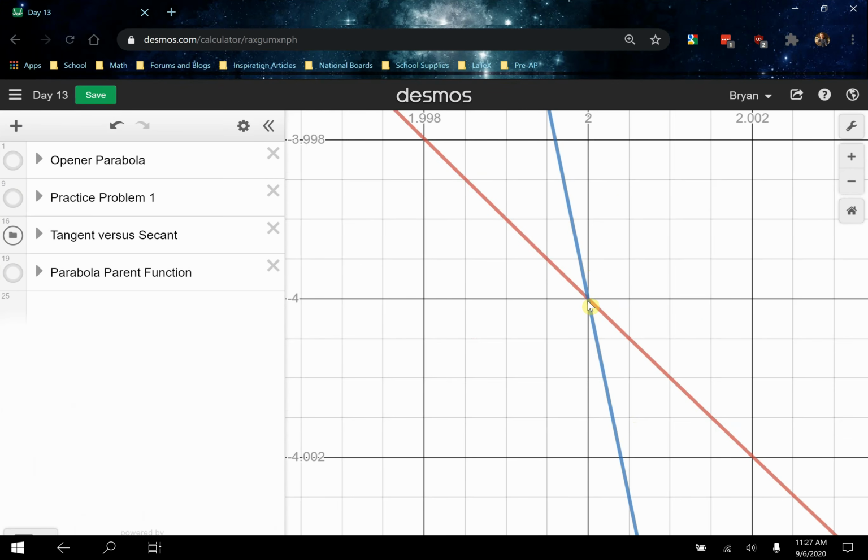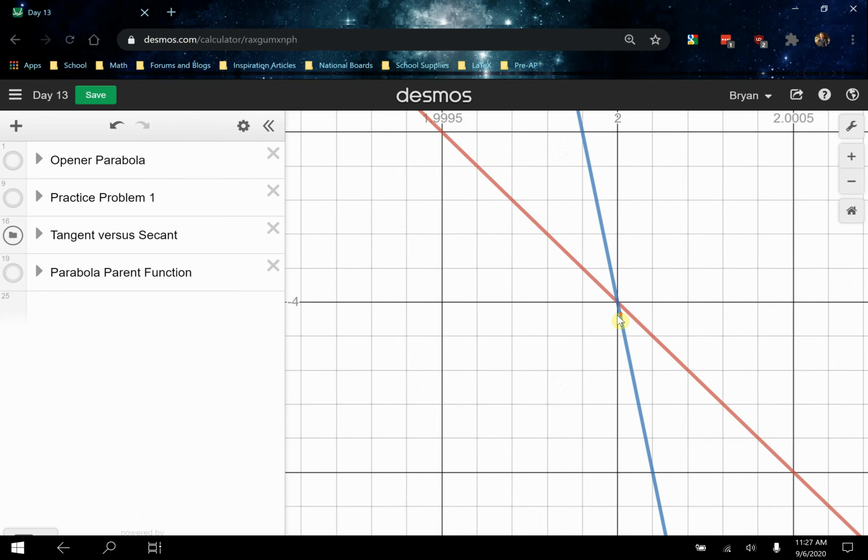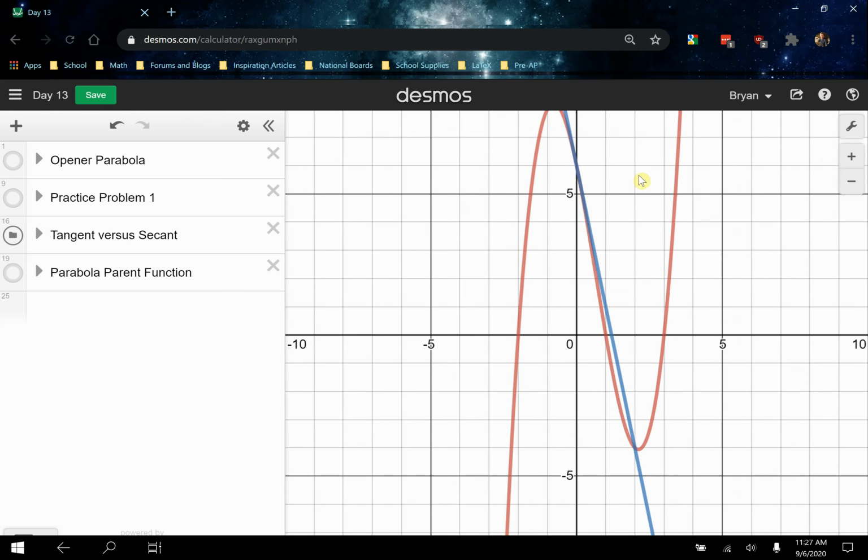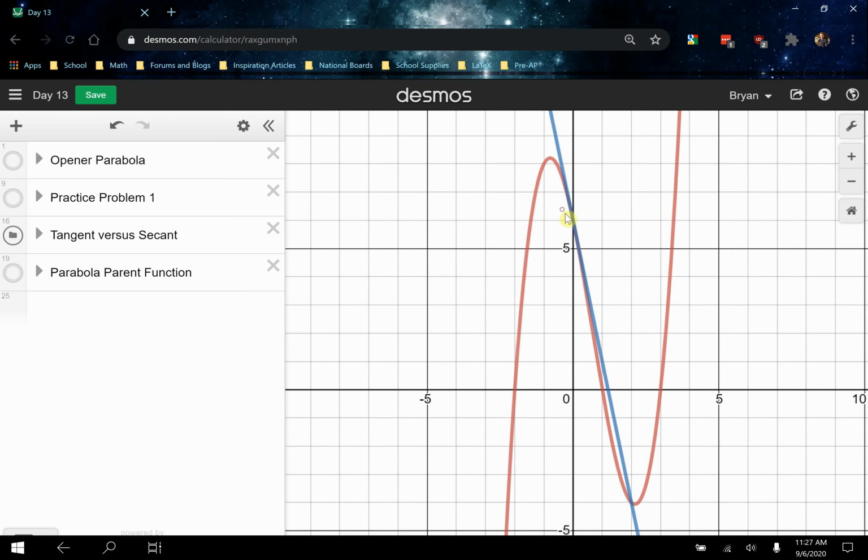Well, what's different here is that if I zoom in further and further, we still see two lines, but what are these two lines not that the other two were? Well, these two lines aren't parallel. And so you'll notice that if you zoom in on a real point of tangency, which this point is a real point of tangency, the two graphs appear to be parallel with each other.